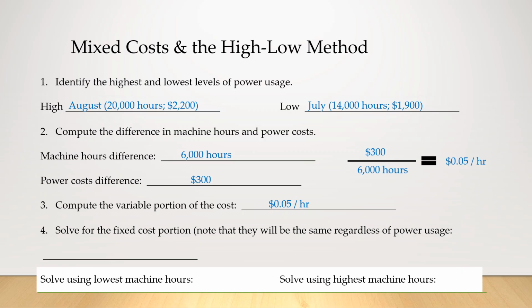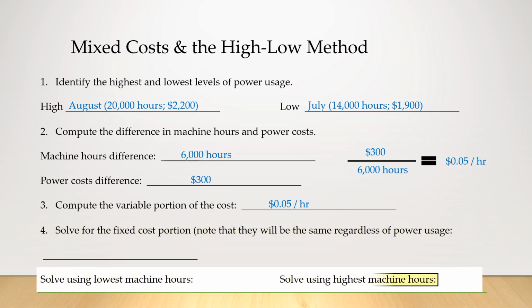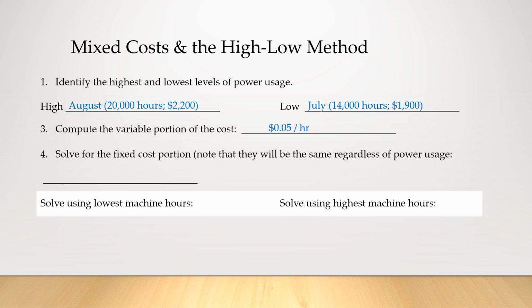Finally, we can now solve for the fixed portion of our total costs. I'll demonstrate the solution first using the lowest machine hours, then the highest machine hours. Either way will yield the same solution. The formula for total cost is variable cost per unit multiplied by the number of units plus fixed costs.